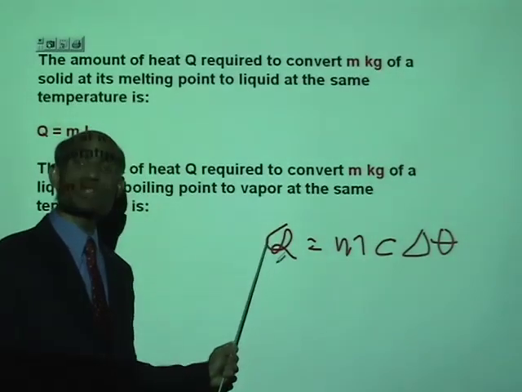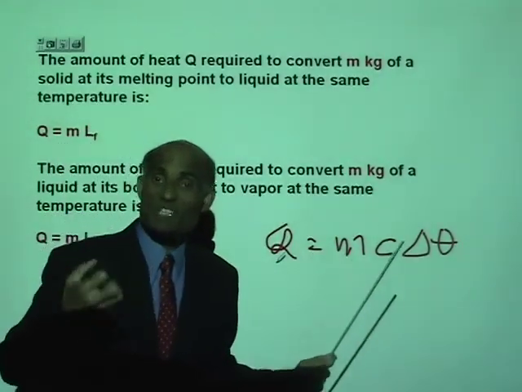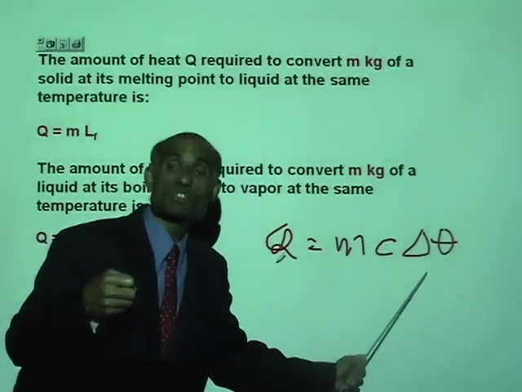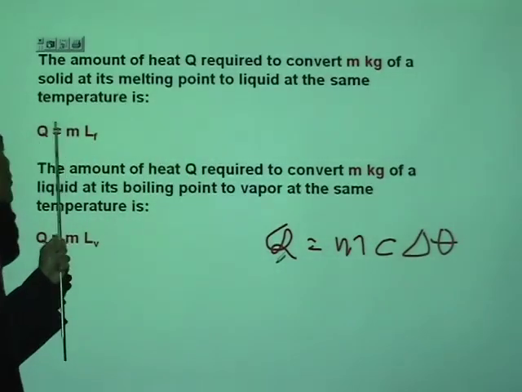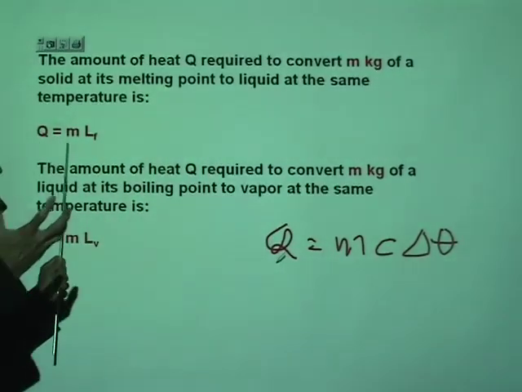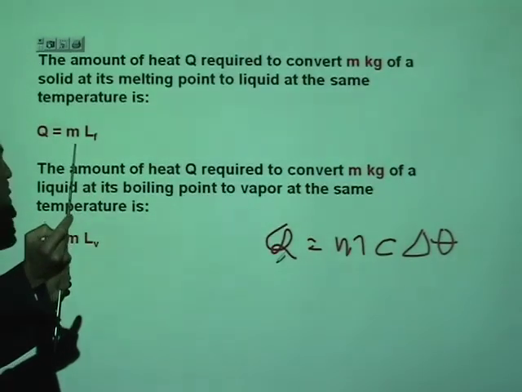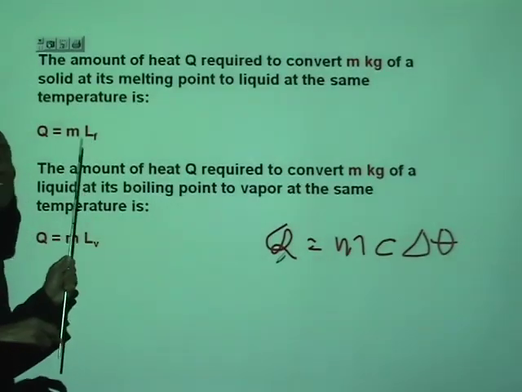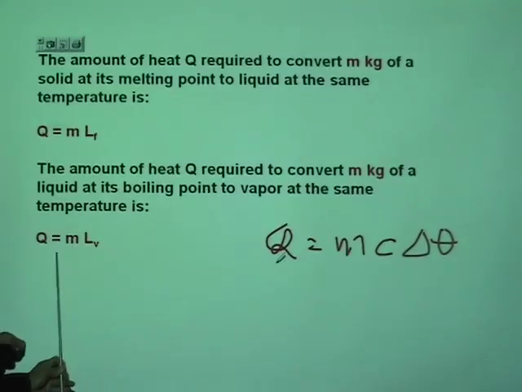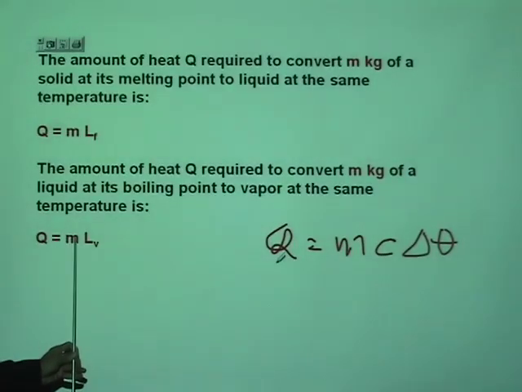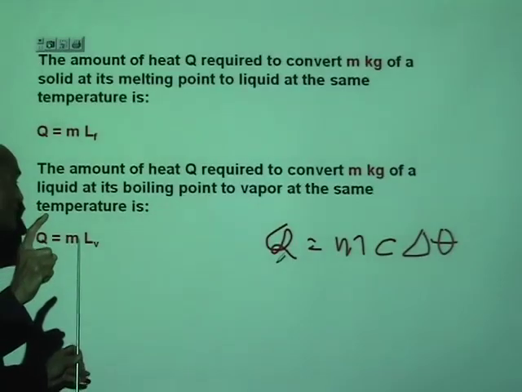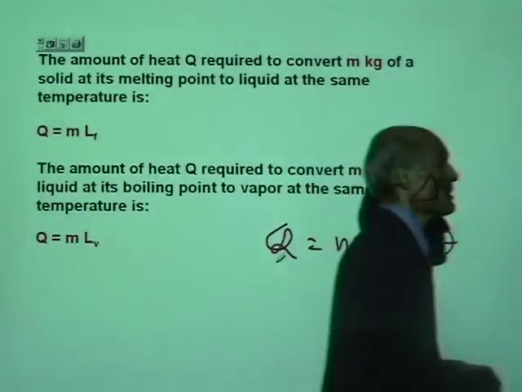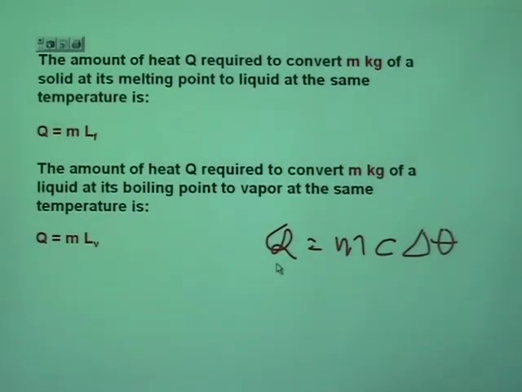Whereas the quantity of heat required to change m kilogram of a solid to liquid without a change in temperature is mass times latent heat of fusion. And the quantity of heat required to change a liquid to vapor at the same temperature is mass times latent heat of vaporization. Okay.